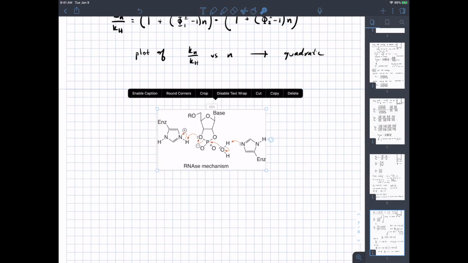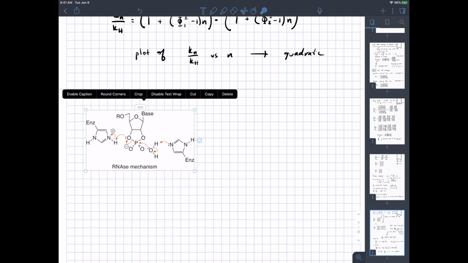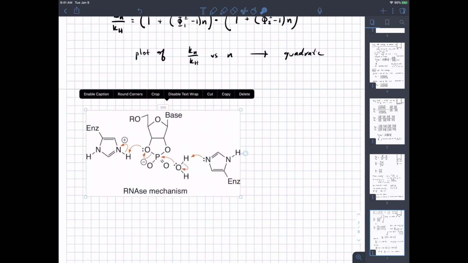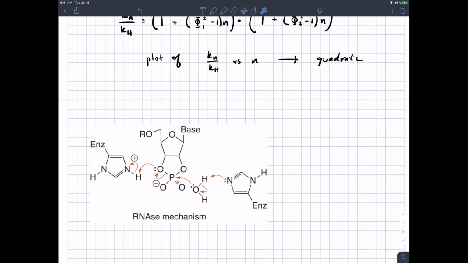ribonuclease. It's the hydrolysis of a cyclic phosphodiester. The hypothesized mechanism is that an imidazole removes a proton from water so that hydroxide can attack the phosphorus, breaking the diester. The oxygen that leaves picks up a proton from this protonated imidazole.